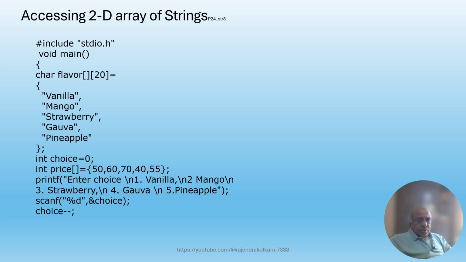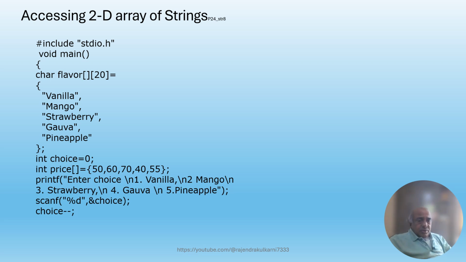Then choice is decremented by 1 because all the arrays start with 0 as the first element, and here we are putting 1 to 5.